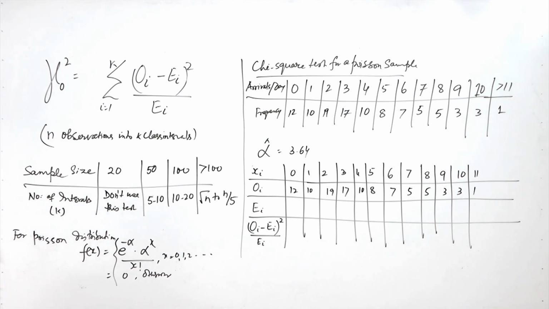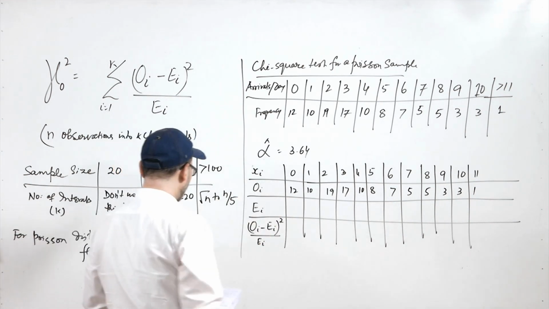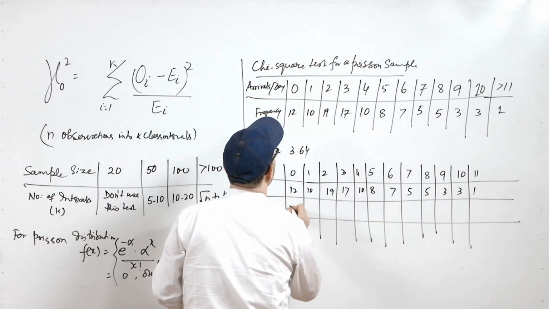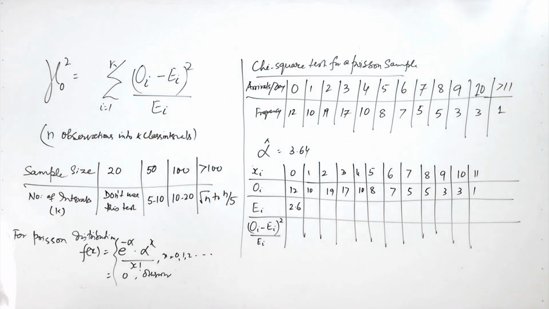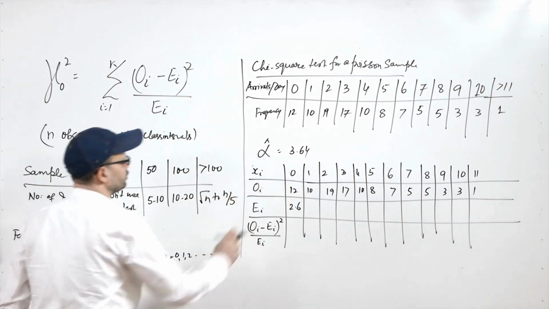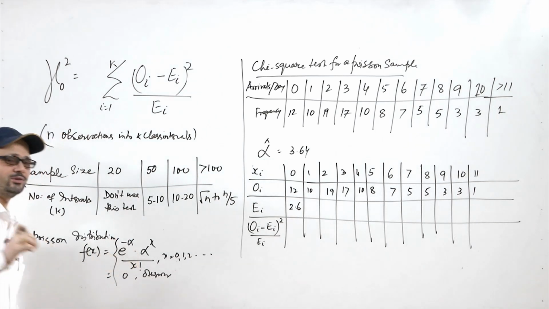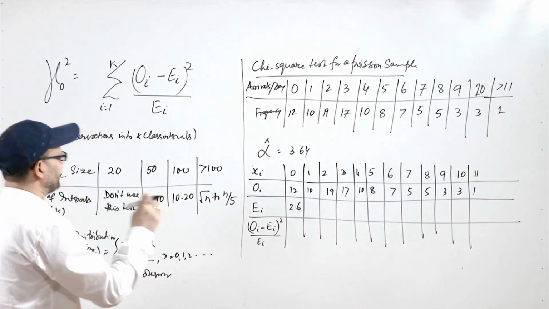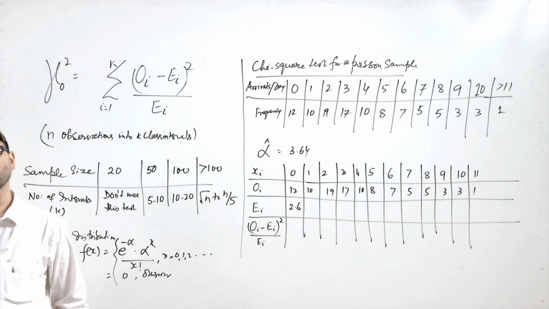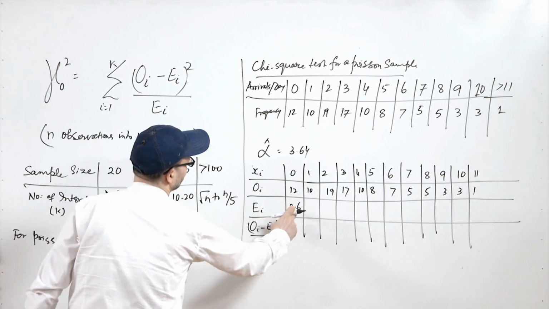In this case, the probability value comes out to be 0.026. This is nothing but P0. So, 0.026 will be multiplied by 100 and you get 2.6.